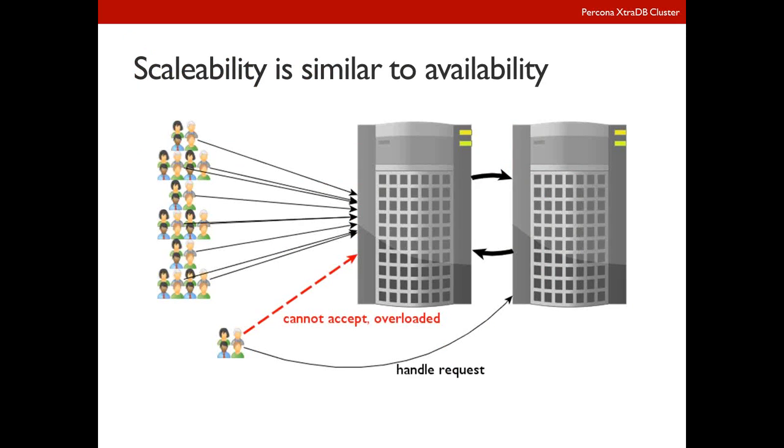In this case, the only difference is that the first system is not able to handle the user's request, not because it is down, but because it is overloaded. And the experience for the end user is actually the same. The system refuses to handle his query. The system is not available for the user, and it can be handled by redirecting the query to a second system.